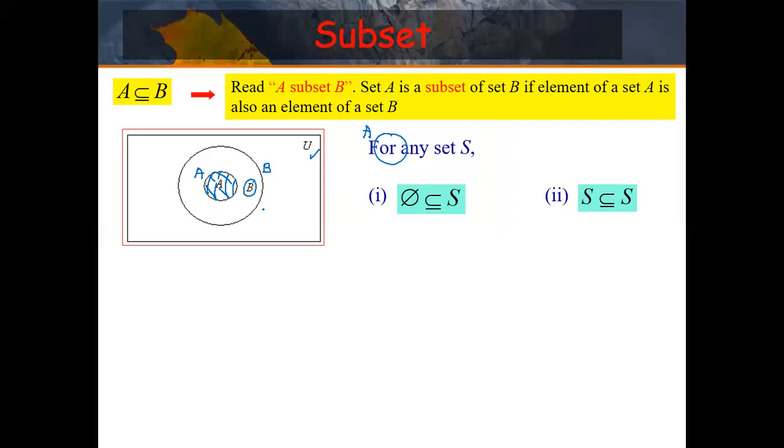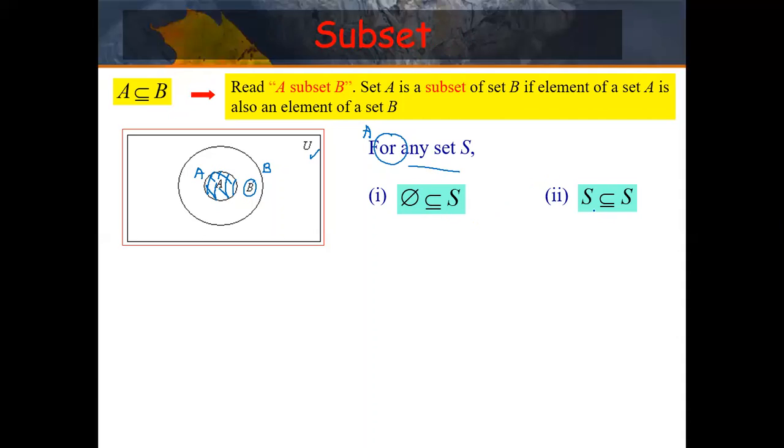So the empty set is a subset of any set. These two you have to understand. The empty set is in all sets. We will learn this after this.